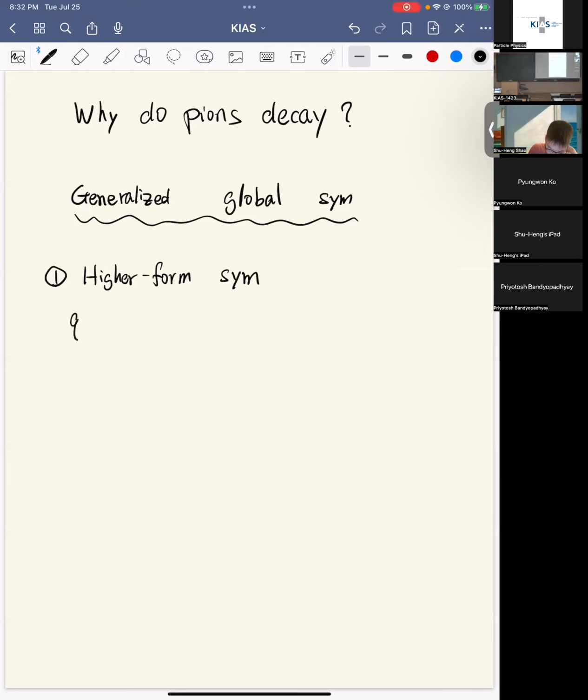So more specifically, a higher form symmetry is labeled by an integer, q. And a q-form symmetry is a global symmetry that acts on q-dimensional objects.